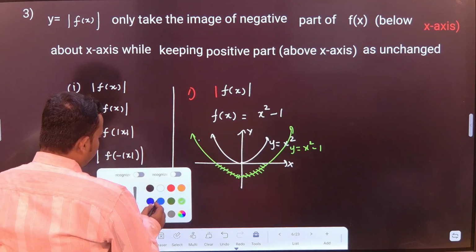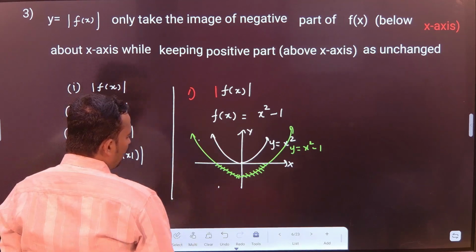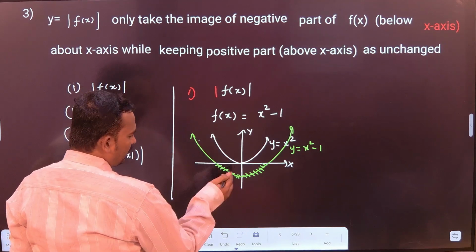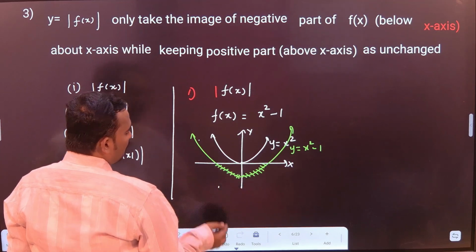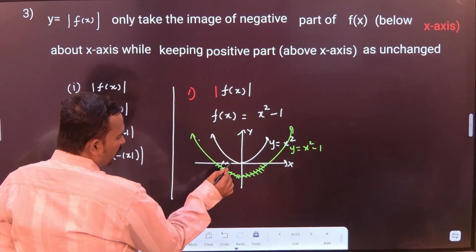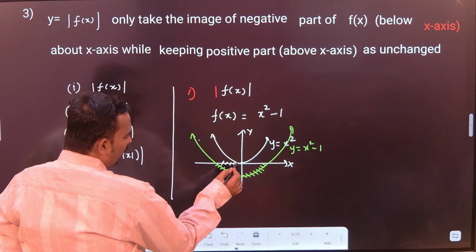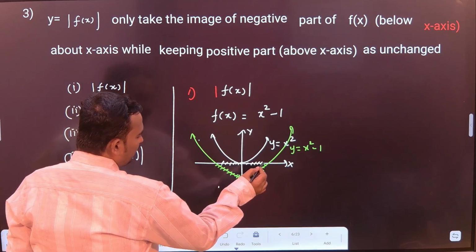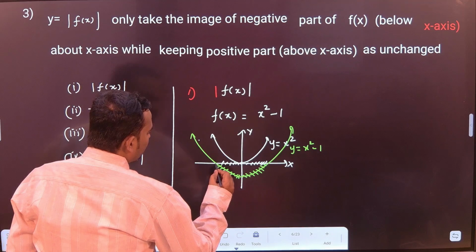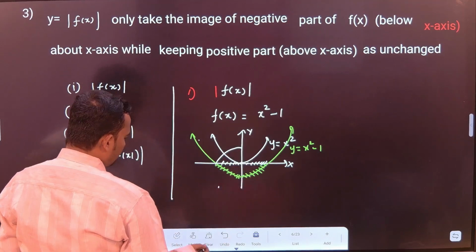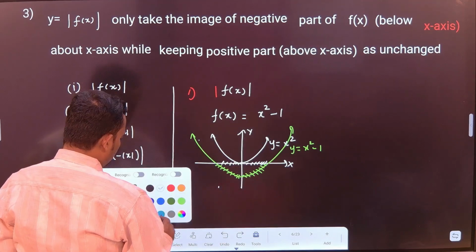Whatever is below the x-axis there, you have to shade it and take the mirror, right? Take the mirror of the x-axis. The x-axis is the mirror, right? Then that will be like this. Okay, I'll take another color.